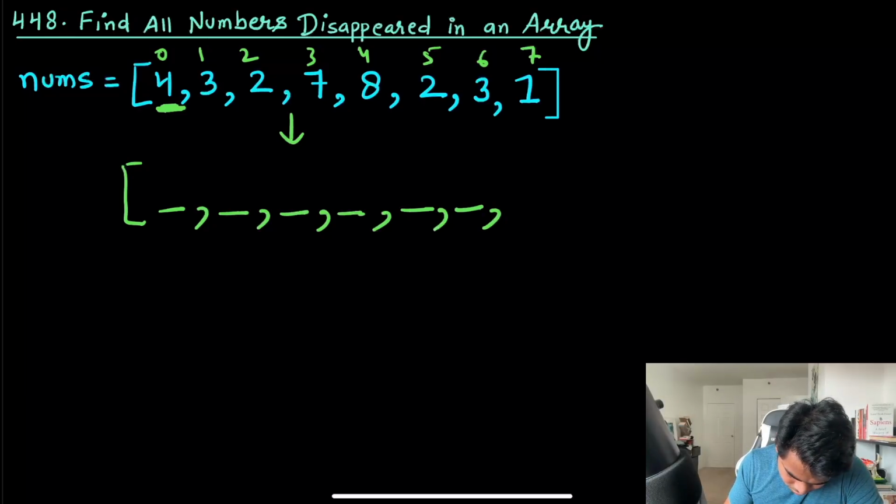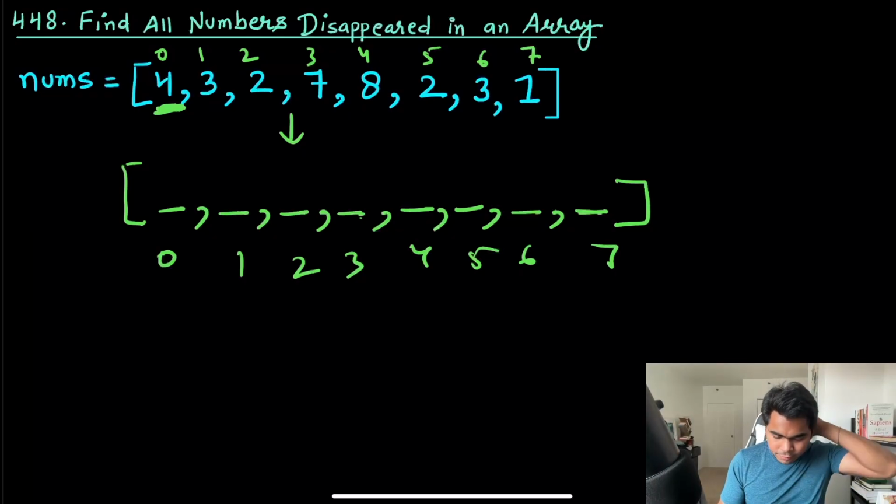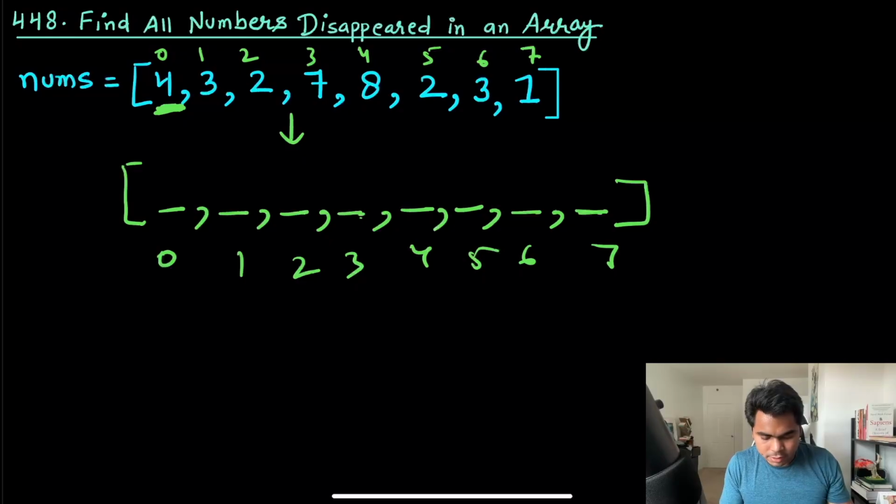So 0, 1, 2, 3, 4, 5, 6, and 7. Okay, all these numbers. These are the indexes. At fourth index, although I will basically go 4 minus 1 because these are numbers, and we just discussed the mapping is like that number minus 1.